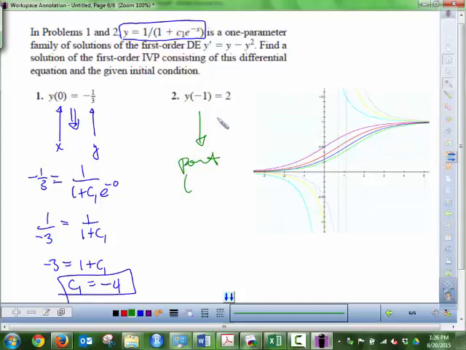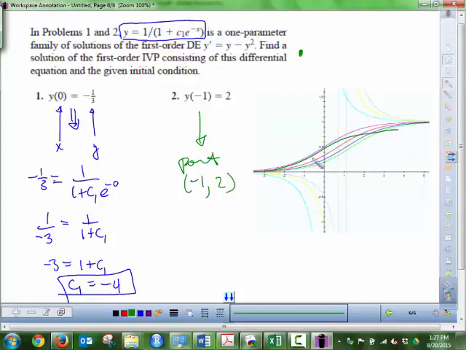is x is equal to what? -1, y is equal to 2, right? So -1, 2, oh, 2 is way up here. So does it look like these curves would work?